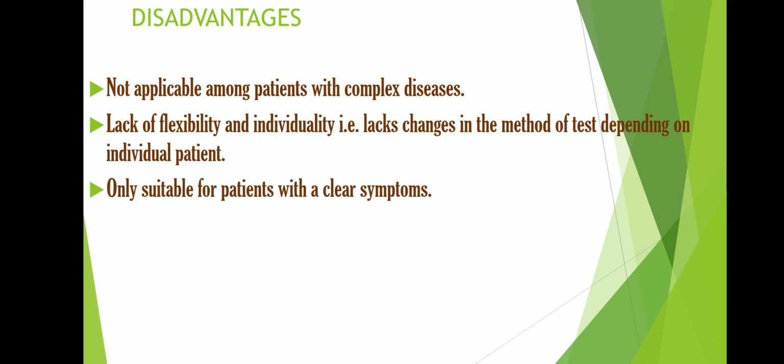Then next is that it is only suitable for patients with clear symptoms. If the patient has a clear symptom, then only we can go for a laboratory diagnostic test. That is, if we identify that maybe he has diabetes, then we can go for a glucose level test.